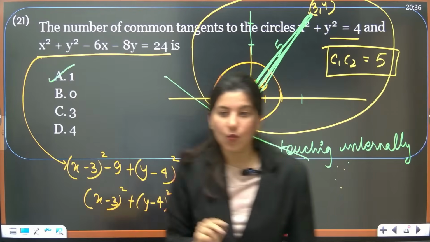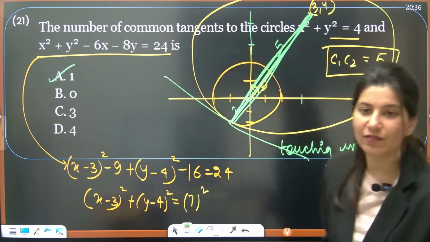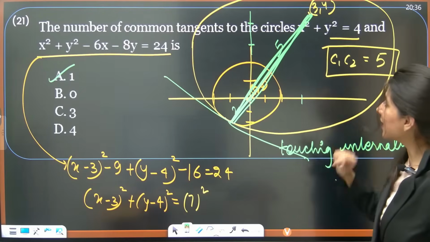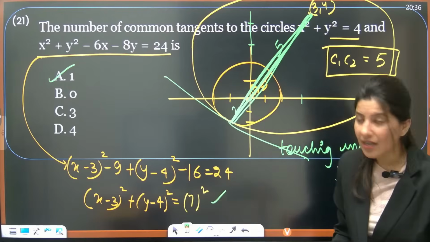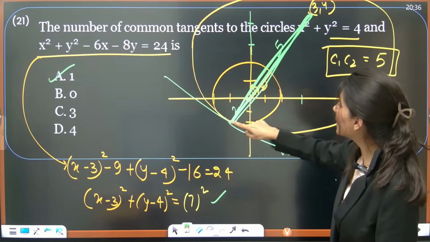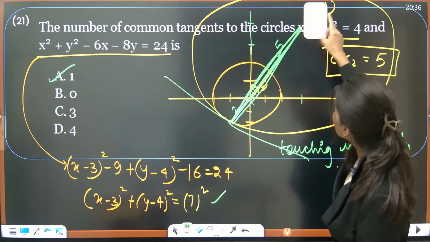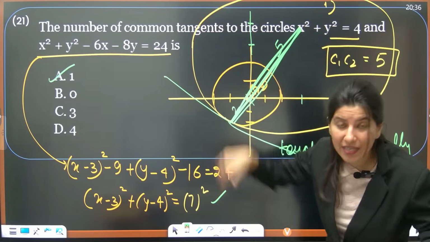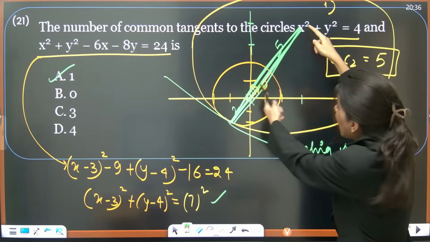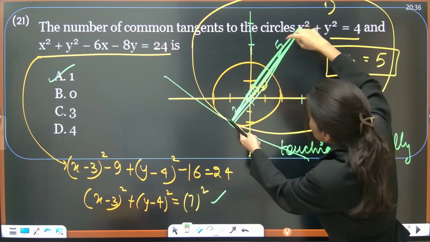Option A, one tangent, not 5, one tangent. Because this case is getting formed. I realize that second circle is having radius 7. First circle is having radius 2. Distance between center, can anybody tell me? 5. So 5 is this. Now I have to create a circle, the bigger circle whose radius is 7. So 5 plus this is 2. So this is the radius.